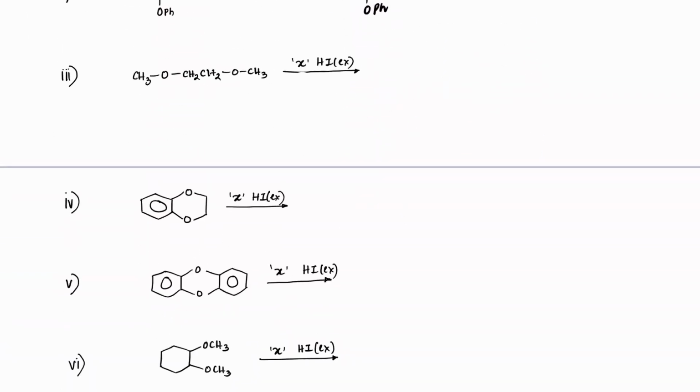But notice this third case. Okay, observe it very carefully. Both sides we have ethers. So first what do we do? You will break them into iodides here. So CH3I, CH3I, sorry, this is the left side one, right side one, and at the center you have OH and OH.